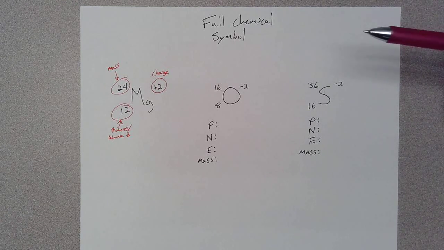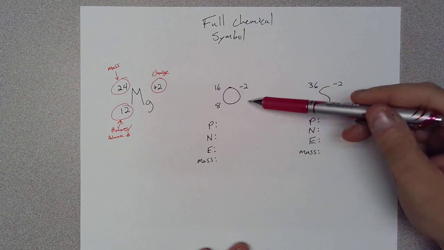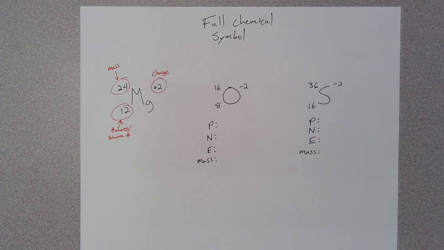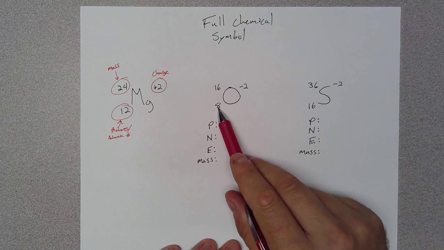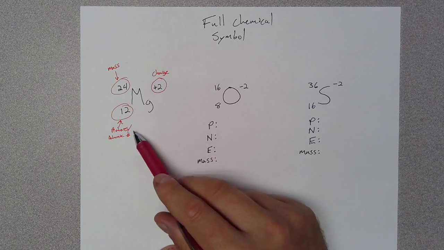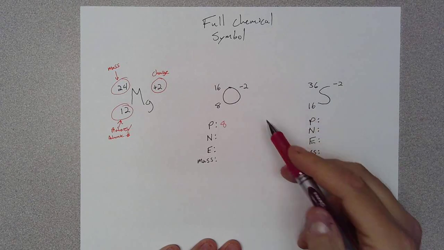And what's really nice is it sets you up already for subtraction. So if I'm doing this one right here, we have the charge, so we know how many things are here. So we're going to look at what this is telling us. We have 8 for my atomic number. That's my protons. So protons right here are 8. Now look at this.